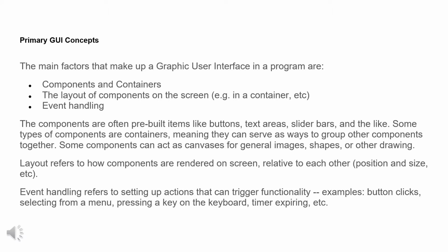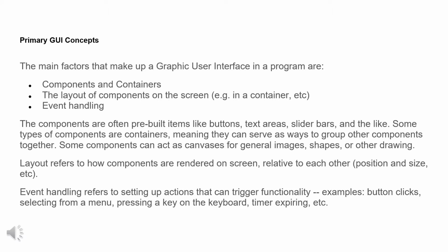The components are often pre-built items like buttons, text areas, slider bars, and the like. Some types of components are containers, meaning they can serve as ways to group other components together. Some components can act as canvases for general images, shapes, or other drawings.